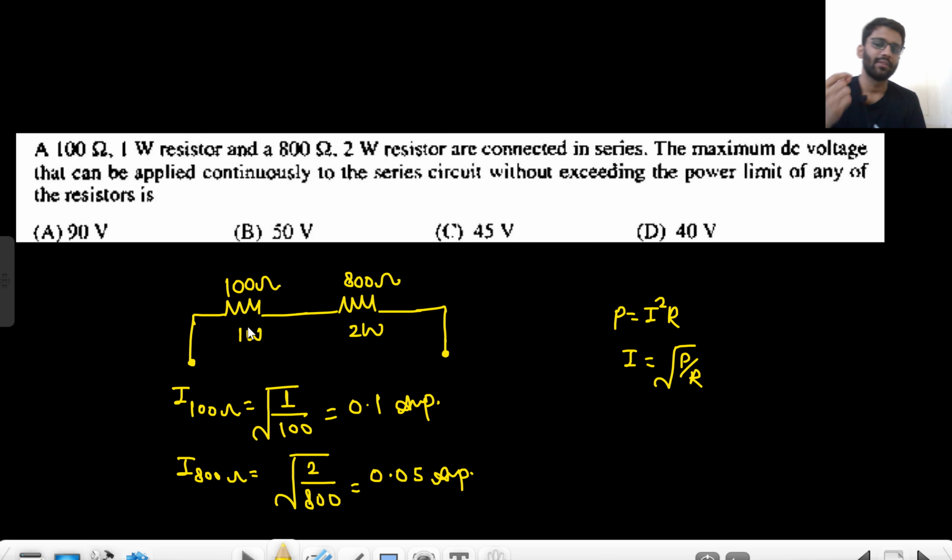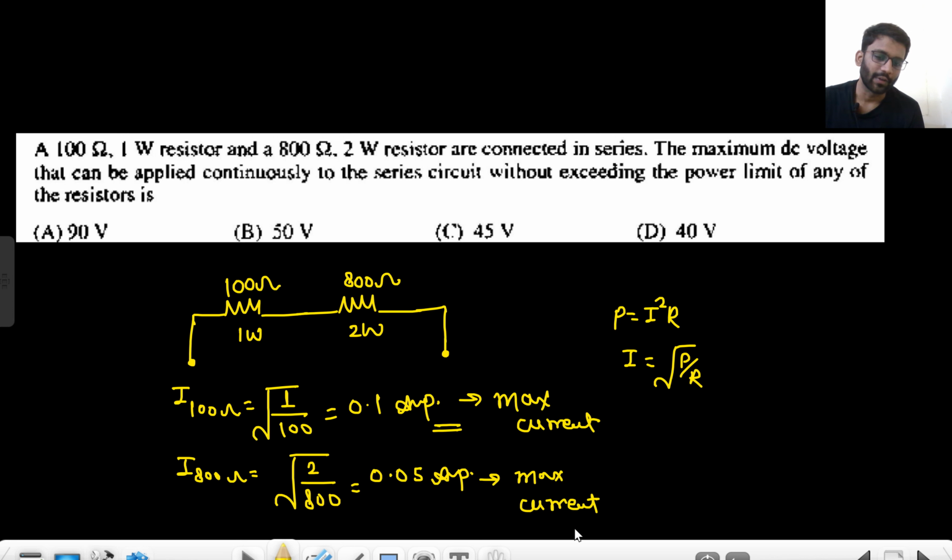So this is saying I will have 0.1 ampere current, this is saying I will have 0.05 ampere current. So the maximum current it can take is 0.1 ampere, and the maximum current the other can take is 0.05 ampere. So how much current will flow finally? Finally 0.05 ampere current will flow, right?